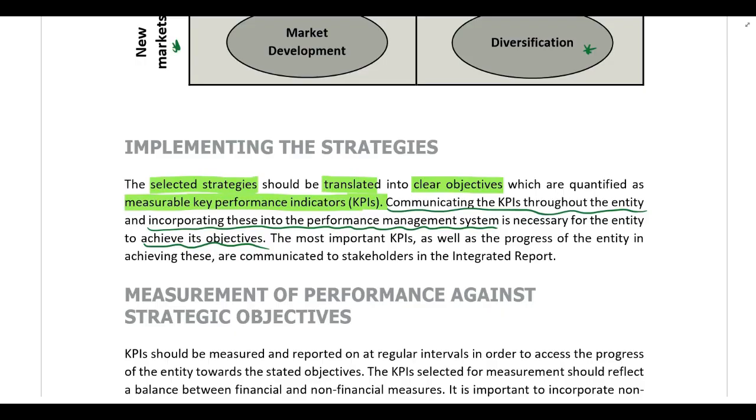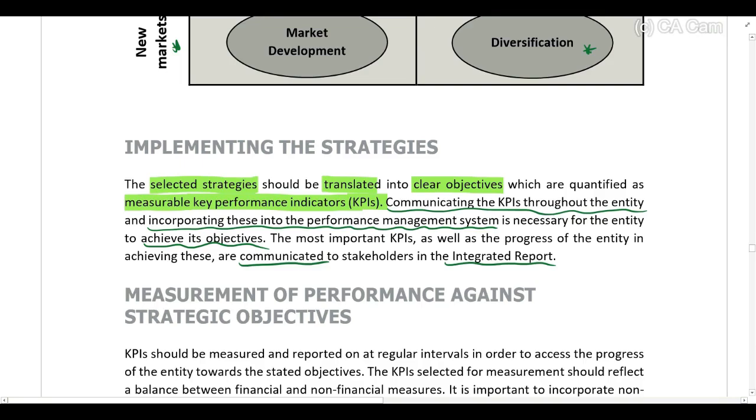And the KPIs that each individual employee has to achieve is aligned with the long-term strategy of the company. So it ensures that all employees within the company are working towards the same common goal. Everybody is trying to achieve those selected strategies. And then in addition to that, the most important KPIs are going to be communicated to stakeholders in the integrated report.